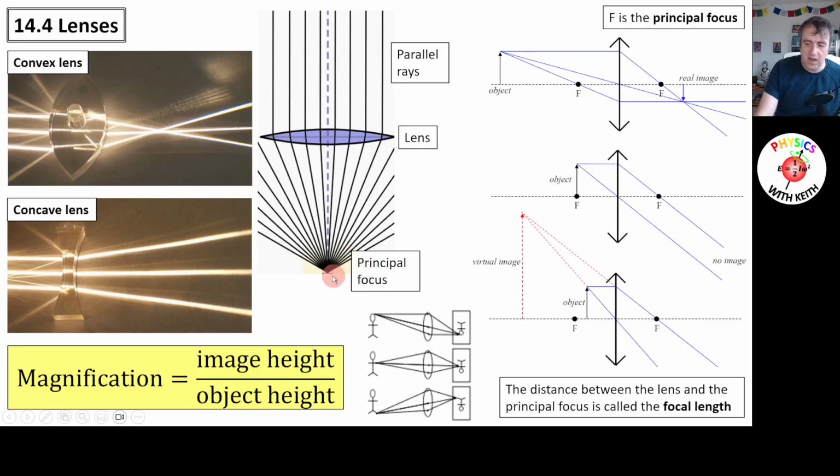Remember, that's how we defined the principal focus, also called the focal point. We are defining that as the point where parallel rays will converge after they pass through this lens. So this ray here, which is parallel to the principal axis, will pass through that focal point. That's part of our definition of the focal point.